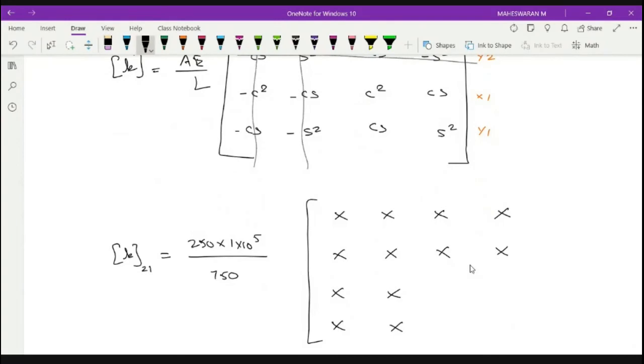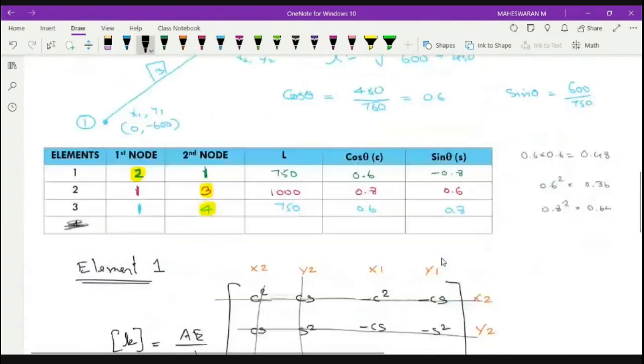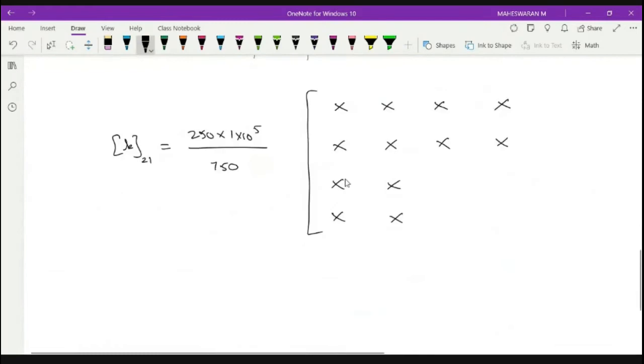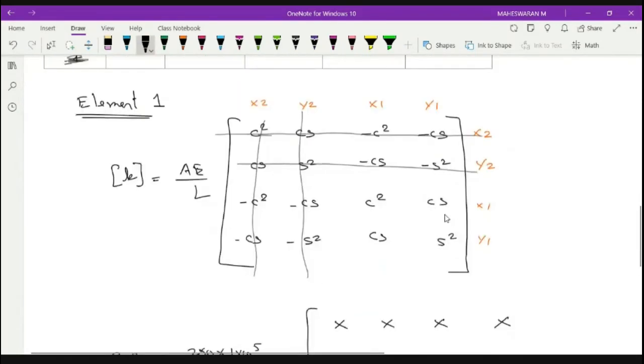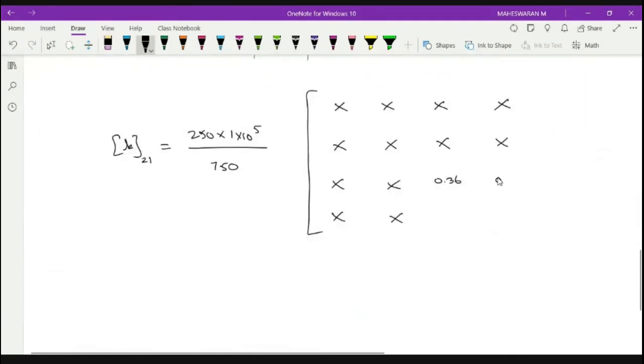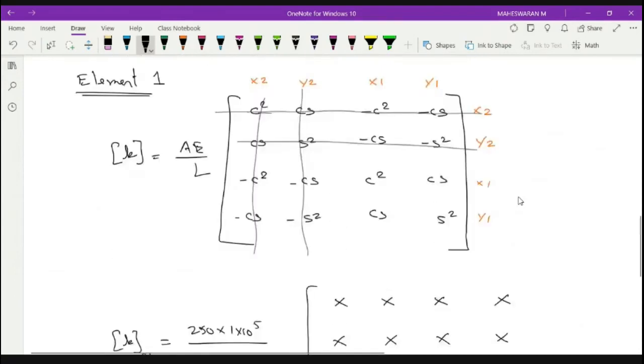Only this C square remains. C is 0.6, so 0.6 square is 0.36. This is CS. CS is 0.48.